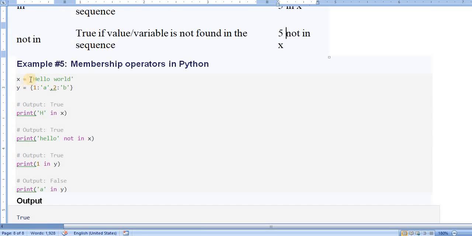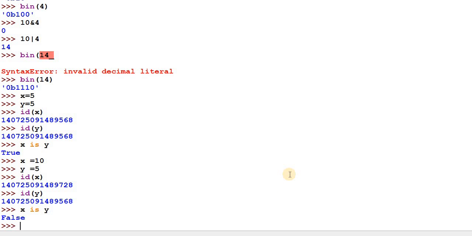For example, here is the hello world example I told you. Suppose I am using a variable school, and its value is Aditya Vidila Public School.